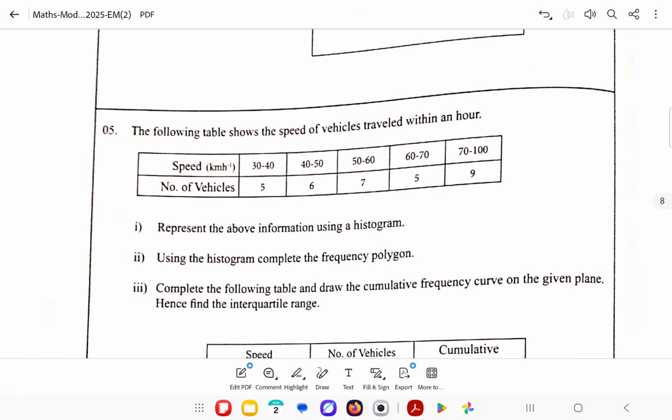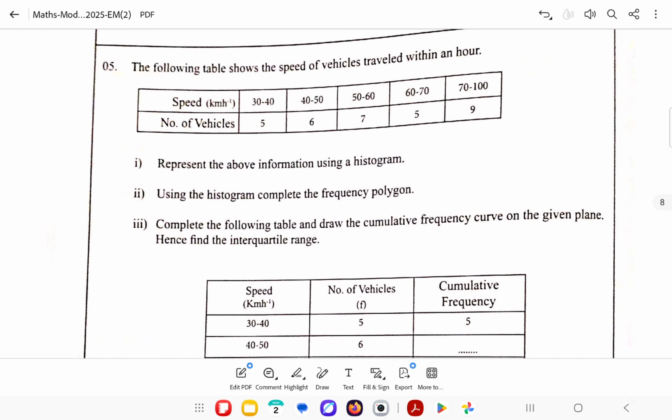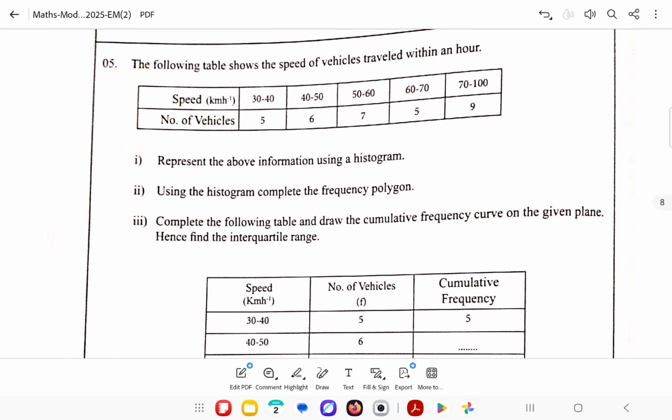So then the last question. The following table shows the speed of vehicles travel within an hour. Represent the above information using a histogram.